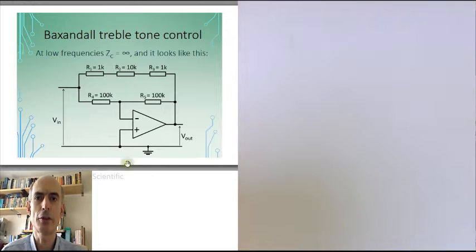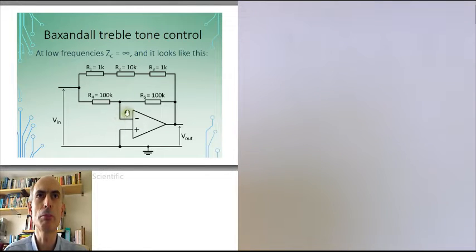Now there are two ways that current can flow from the input to the output in this circuit, either through these three resistors or through these two 100k resistors. It's the two 100k resistors that are interesting, because the way the op-amp is wired up, it's an inverting amplifier, and the non-inverting input is tied to ground, 0 volts, which means that as long as the op-amp is in its linear region, we can assume that the inverting input will be at 0 volts as well.